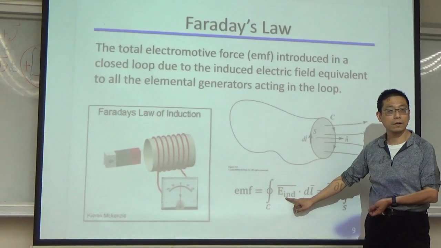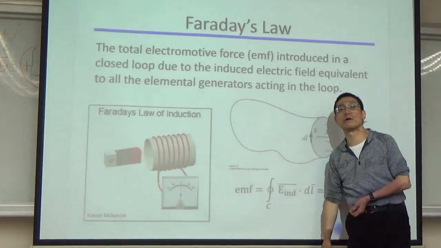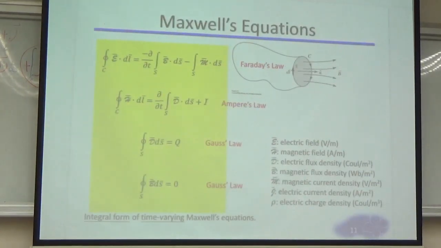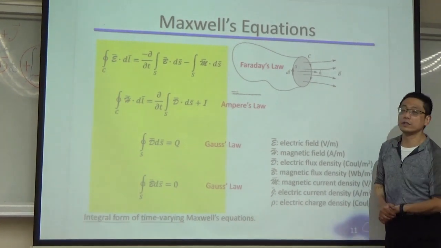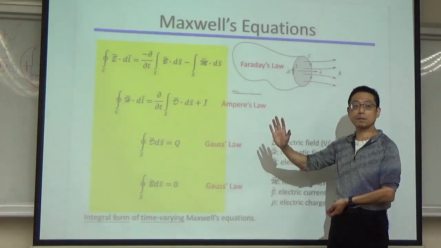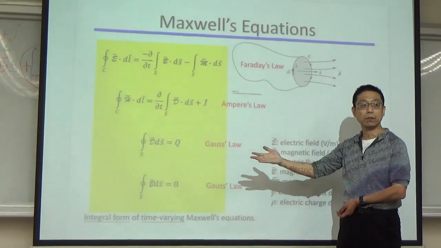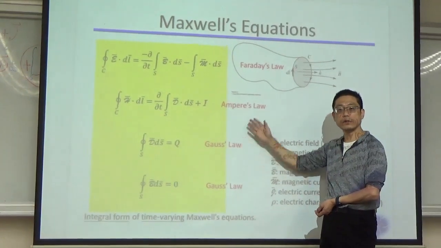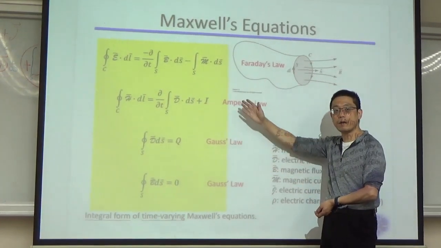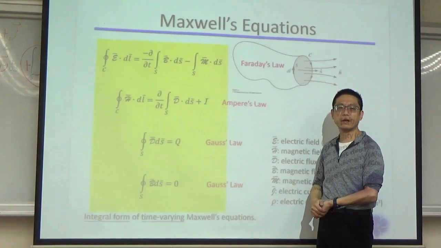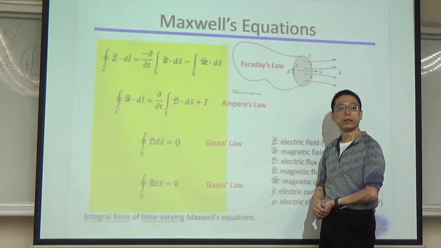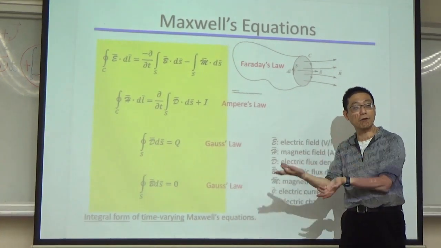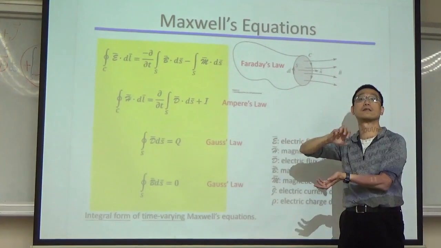Okay, so I will make a conclusion before we take a break. The conclusion is these four equations are not special ones. Those are Faraday's law, Ampere's law, and Gauss's law. Those are very common, very fundamental theories. Never seen this before? Maybe you saw a different form, or maybe they have different considerations.